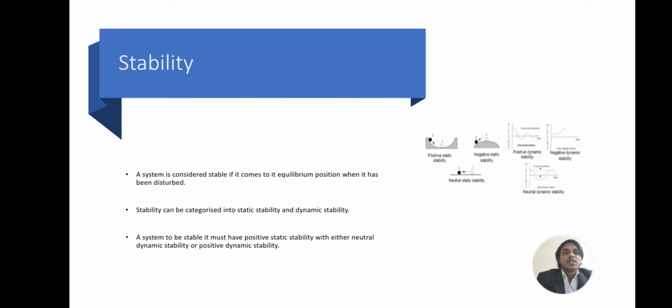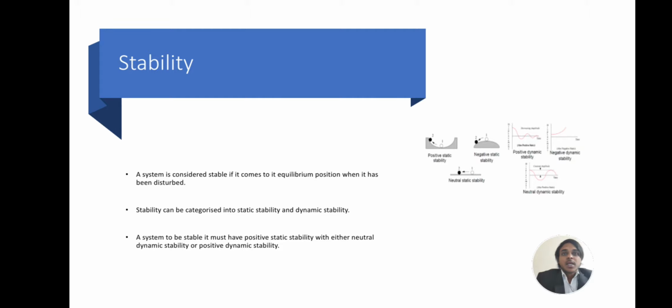If the object changes its position when it is disturbed but keeps the position without moving away from the balanced position nor coming to its balanced position, it is considered that the object has a neutral static stability. When an aircraft comes to its balanced position, reducing its distance from the balanced position over time, it is considered that the aircraft has a positive dynamic stability.